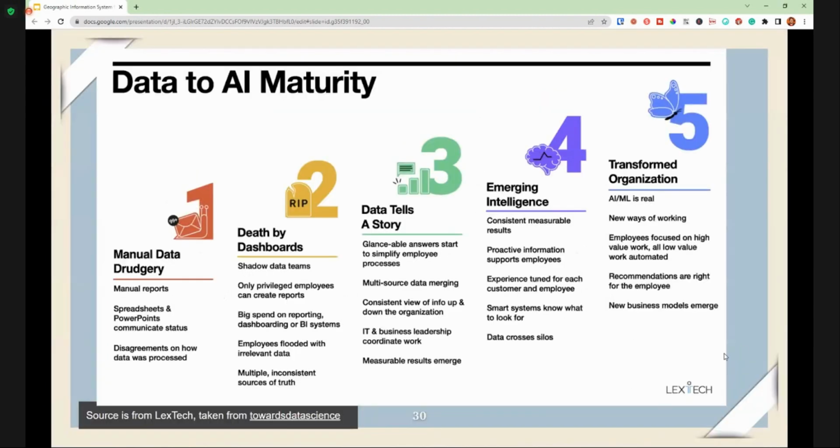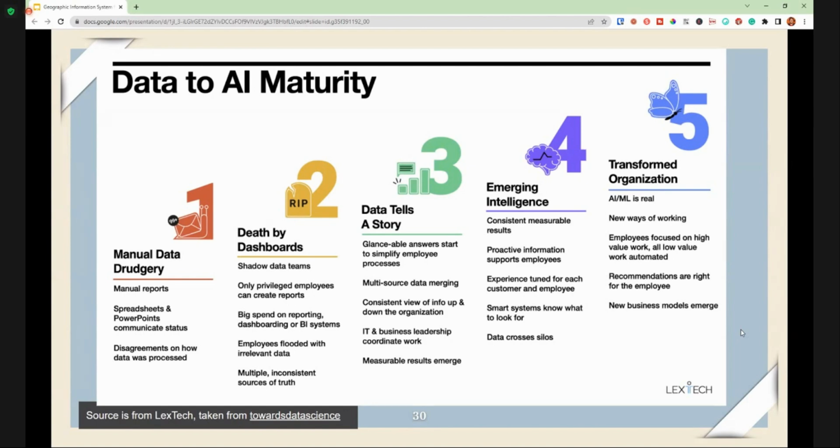Okay. All right. So if you're from an organization that wants to beef up its data utilization and how you can process data, you need to assess first where you are right now in the data maturity model. So these are the 5 steps. The first stage is that you're still not that mature yet, so you still do manual reports, spreadsheets, PowerPoints, and you have disagreements on how data will be processed.